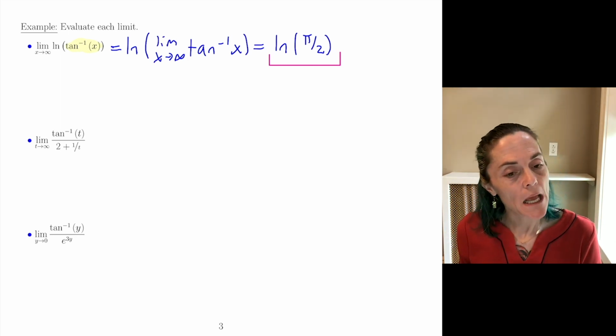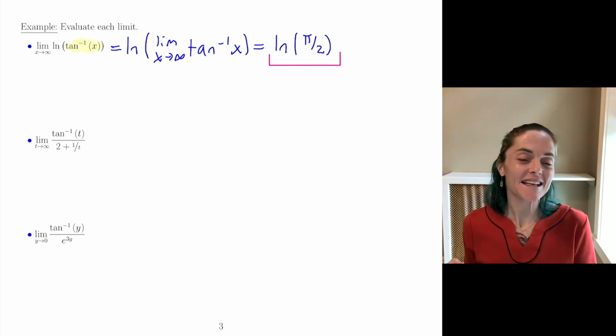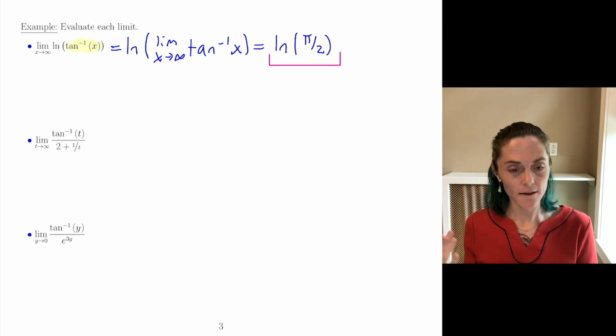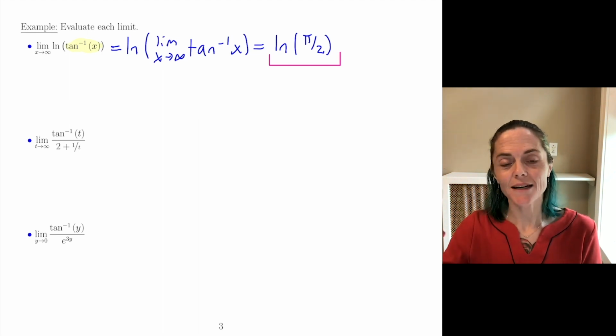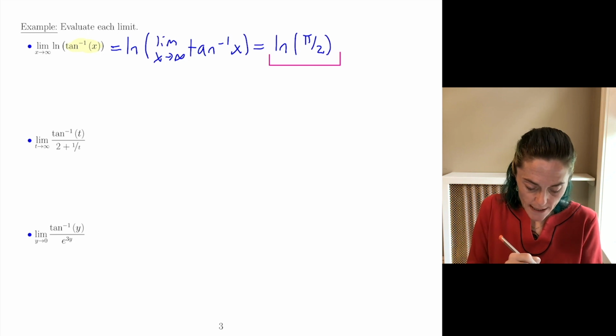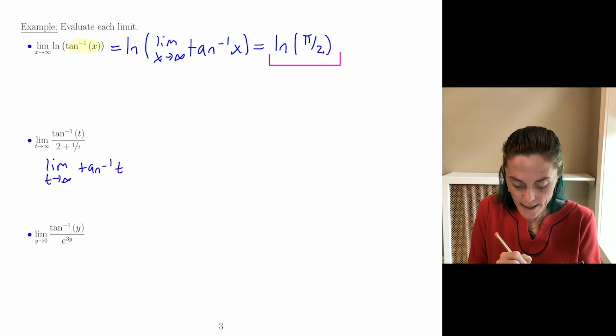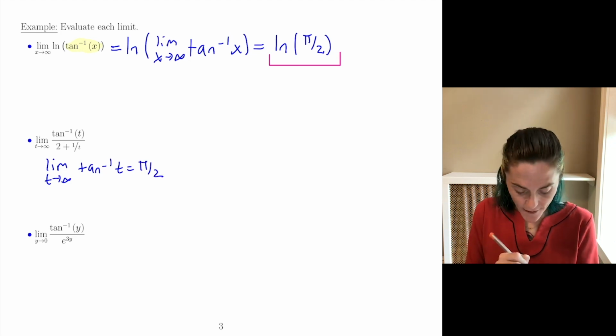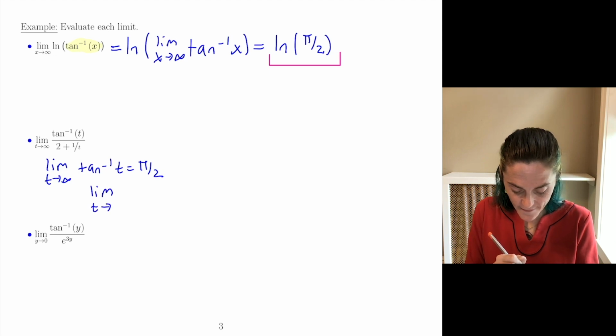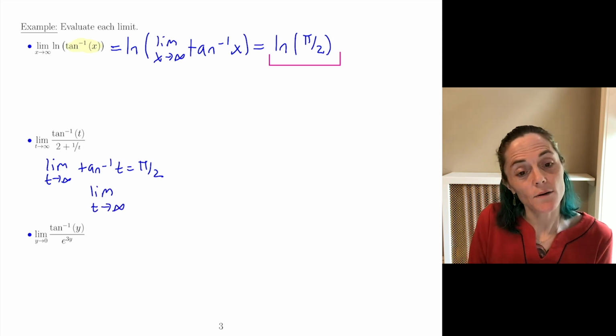Next one. Well, this is another properties of limits question. The numerator is approaching, maybe I'll write this as side work, the numerator is approaching pi over 2. The denominator, well, 1 over t goes to 0.